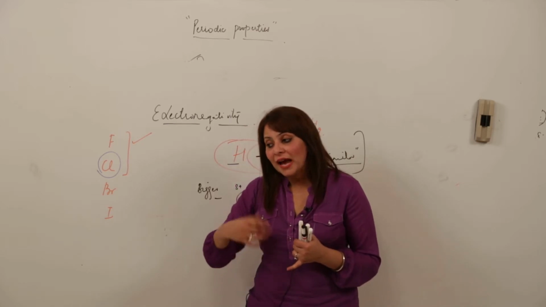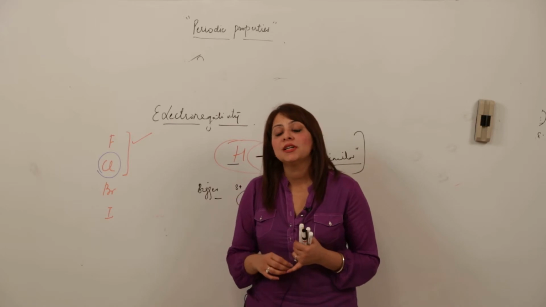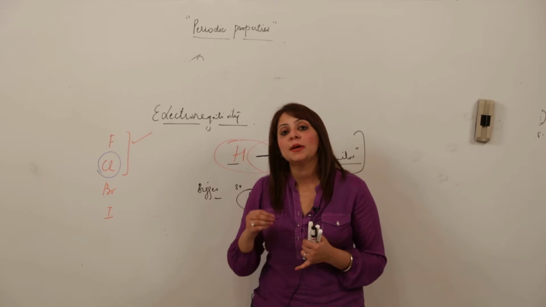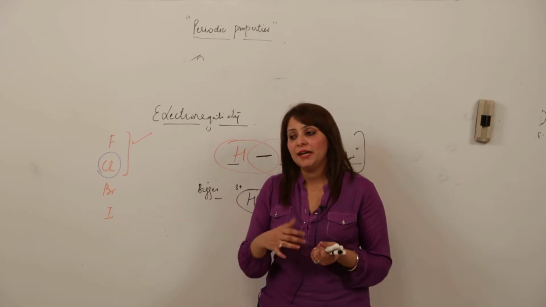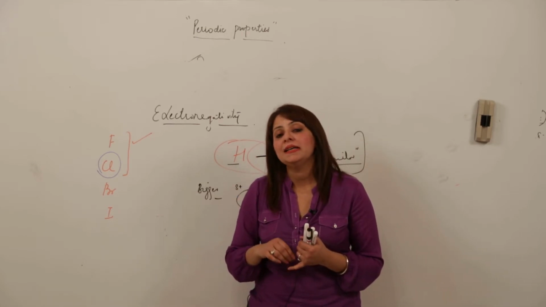So before you add or remove an electron, you need to convert the solid metal into gaseous form. That means we have to do sublimation in that case, because whenever an electron is added or removed at the electronic level, it has to be done in the gaseous state.